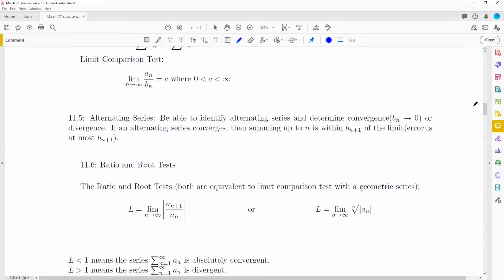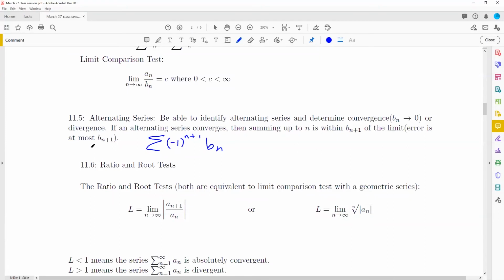Then we have 11.5, which is alternating series. Here your terms have this (-1)^n, or it could be n plus 1 or n minus 1, and then you have these b_n's. The b_n's have to go to 0, and they have to go monotonically, meaning they have to be steadily decreasing.